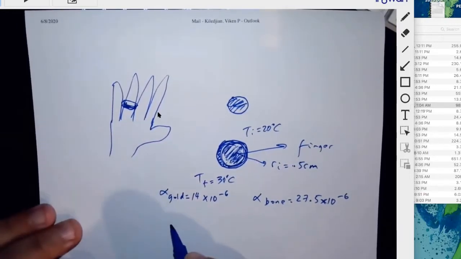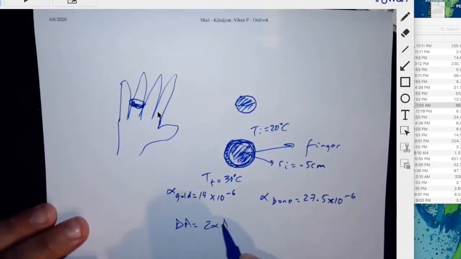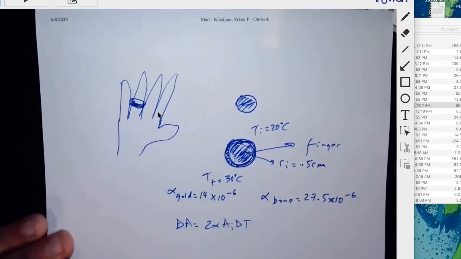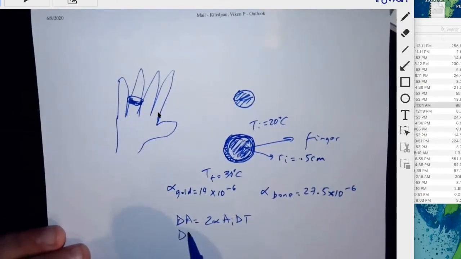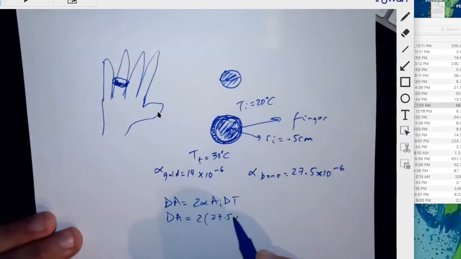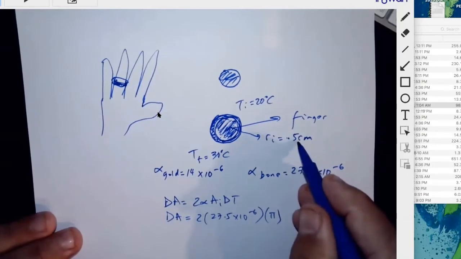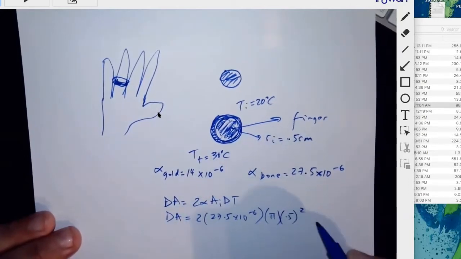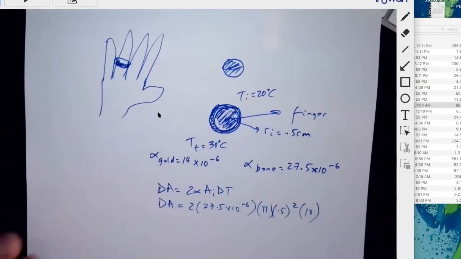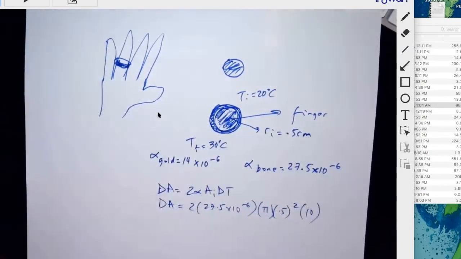Then delta A is 2 alpha A initial delta T: 2 times 27.5 times 10 to the minus 6 times A initial, pi times 0.5 squared, times 10 Celsius. That gives you the change in area of the finger if you heat it up by 10 Celsius.